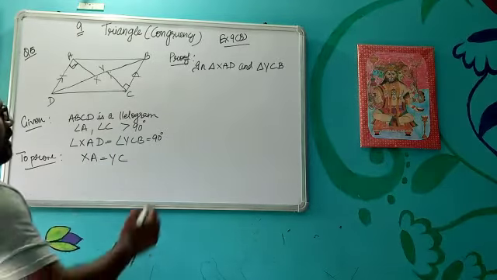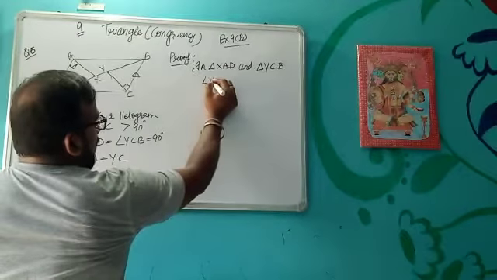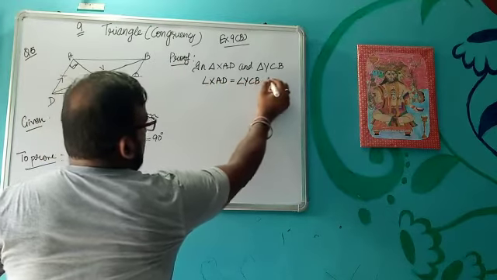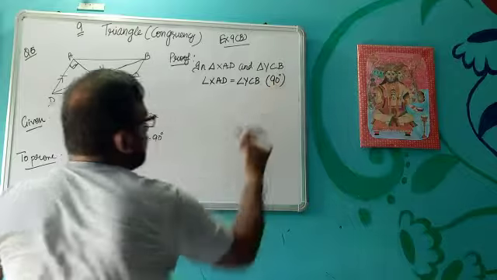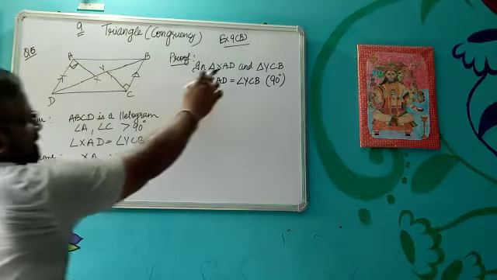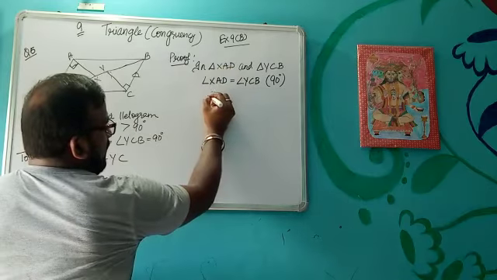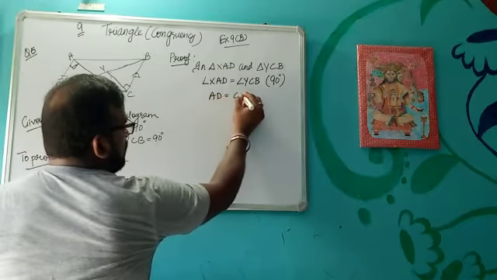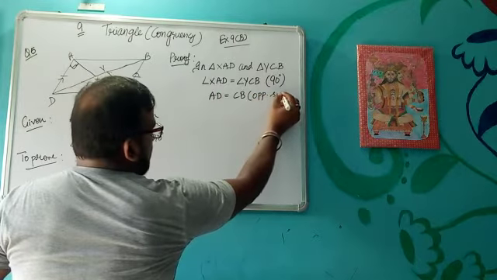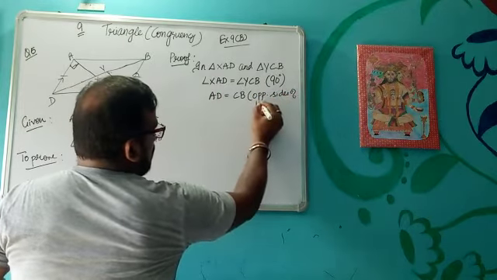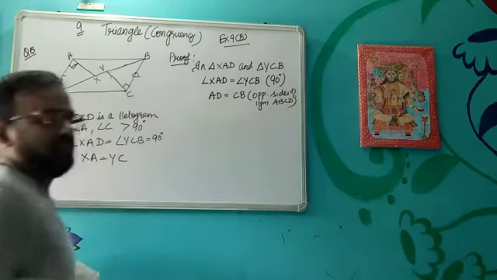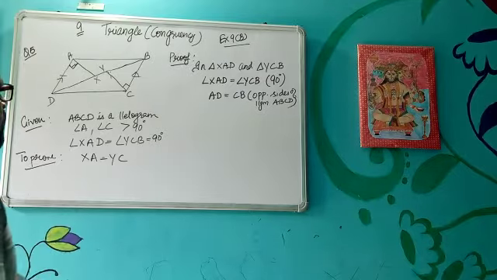Then we can write angle XAD equal to angle YCB because they both are 90 degrees. Then this side AD, so we can write AD equal to CB. Why? Opposite sides of parallelogram ABCD. Since ABCD is a parallelogram, opposite sides are equal.